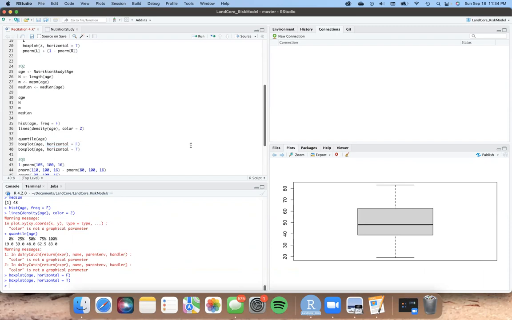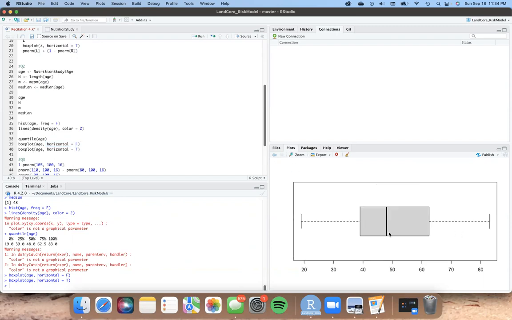But if you do horizontal equals true, then you have a horizontal box plot. I prefer looking at the horizontal one, but it's really up to your preference unless the professor ever wants to make that distinction in a certain assignment or something like that.